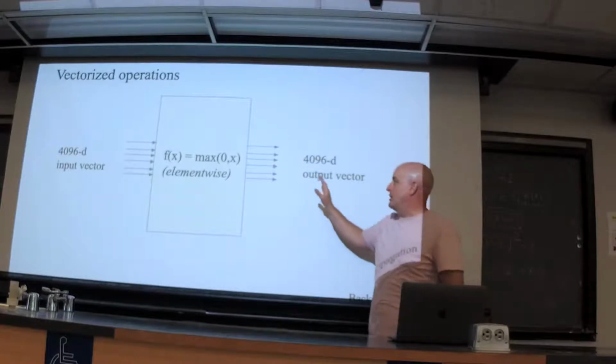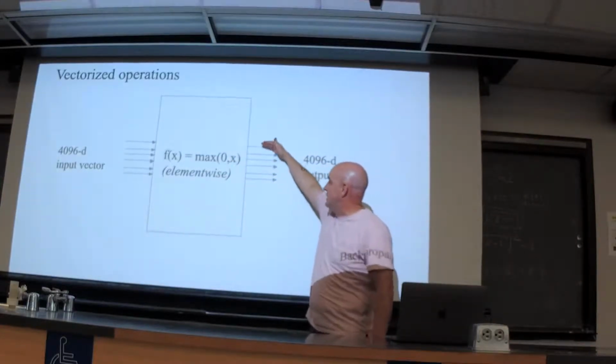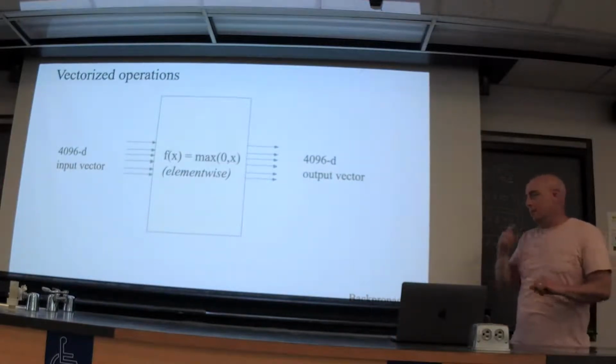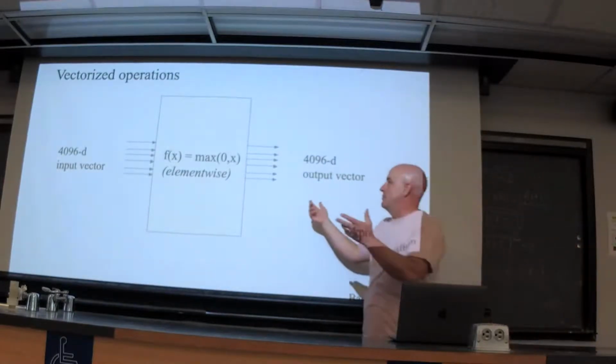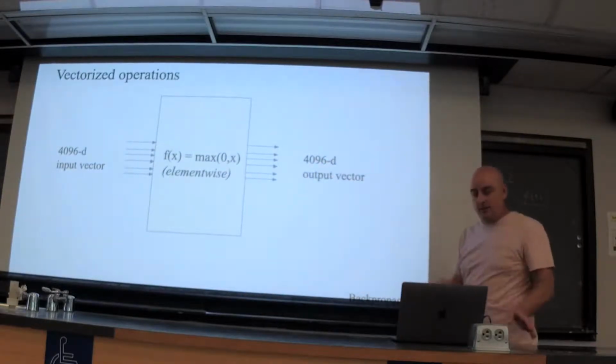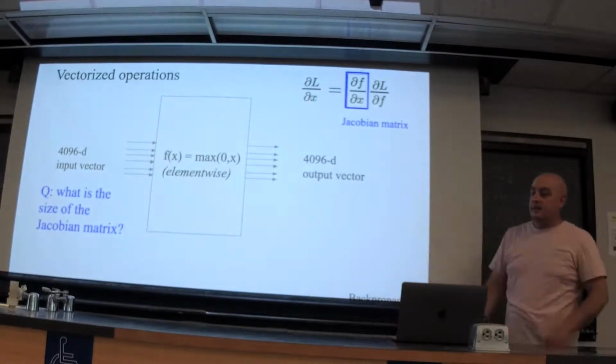This might seem really complicated, but it's the easiest thing to deal with. It's just a whole bunch of one-dimensional operations happening together. But if it's element-wise, there's no mixing of the entries, and so these operations become very, very simple.